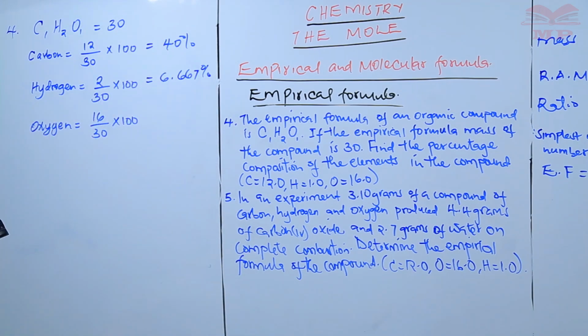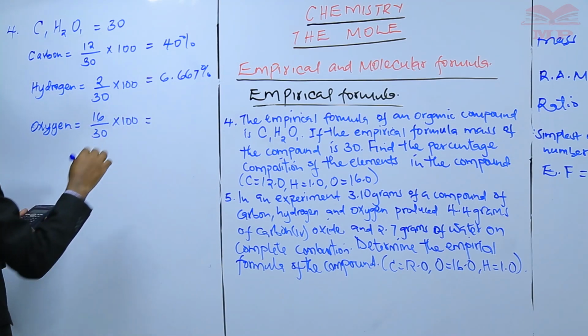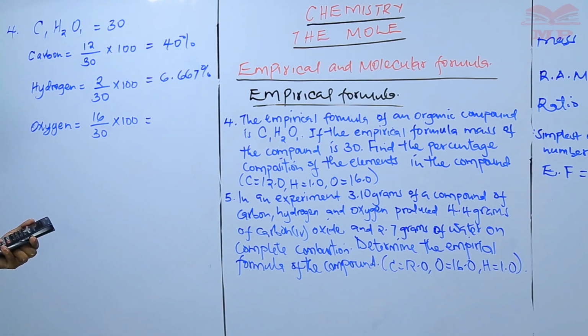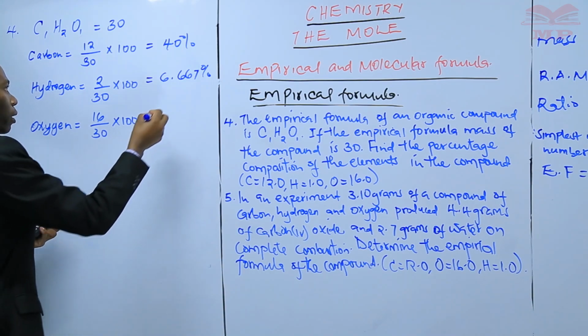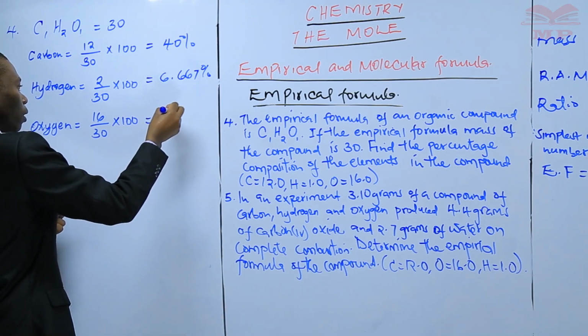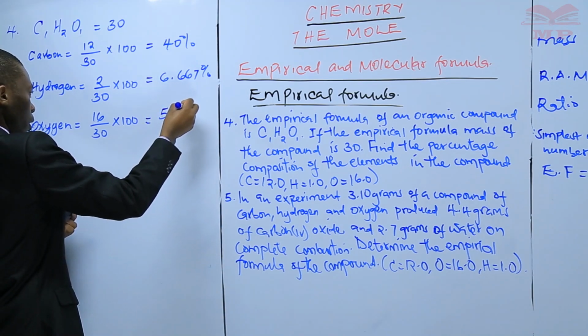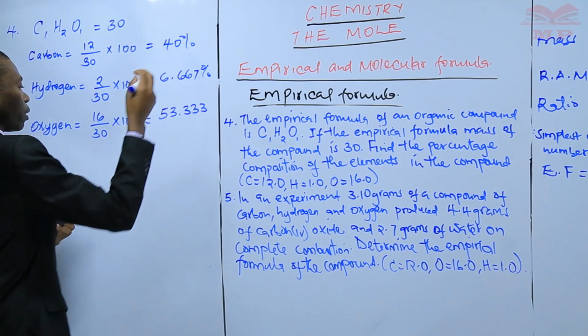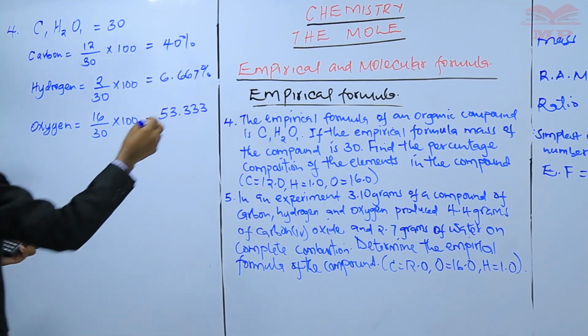Then oxygen, this is 16 divided by 30. This gives us 0.533. Then multiply by 100. Then it will be 53.333%.